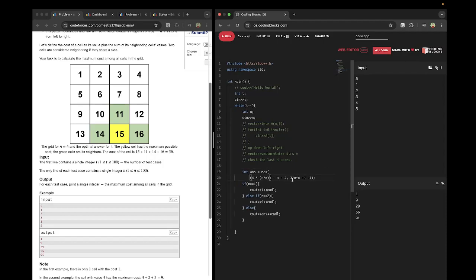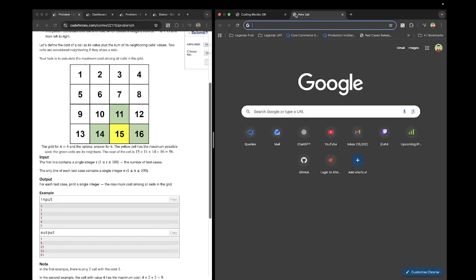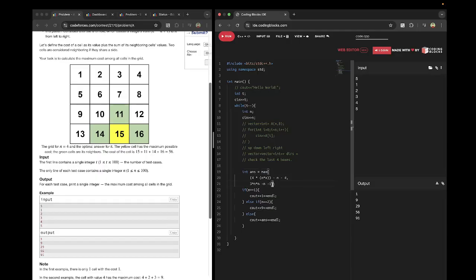Now we are left with a max of, can we pass 3 elements to max? Can we?